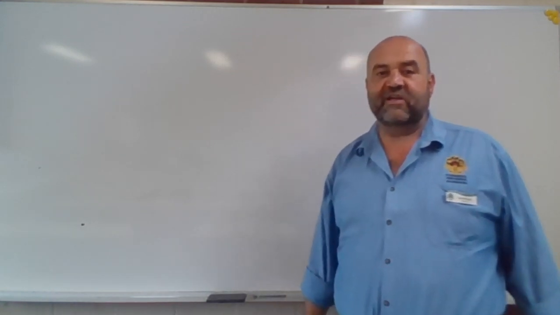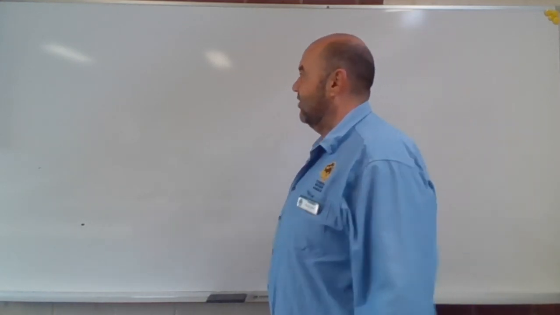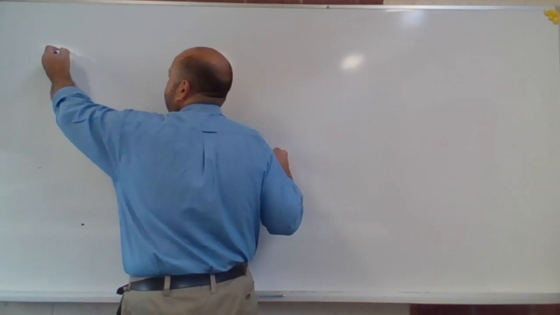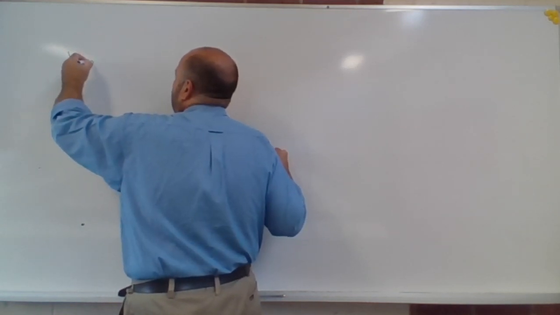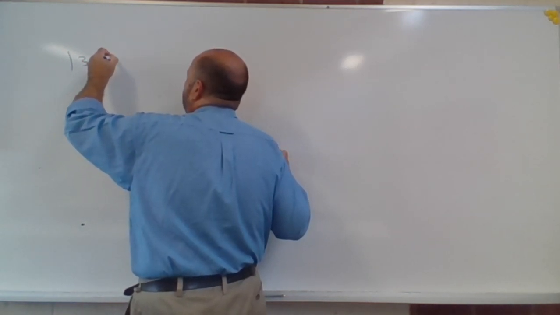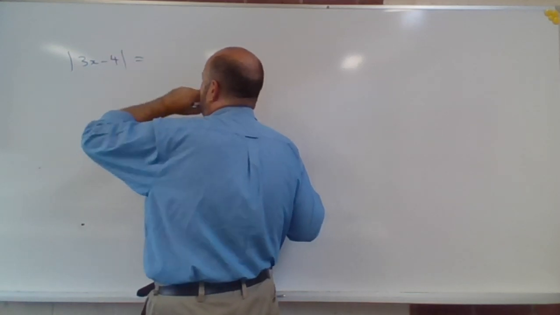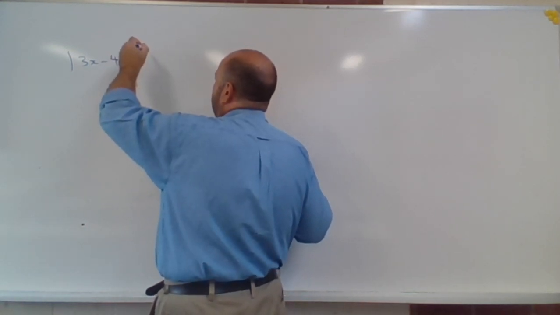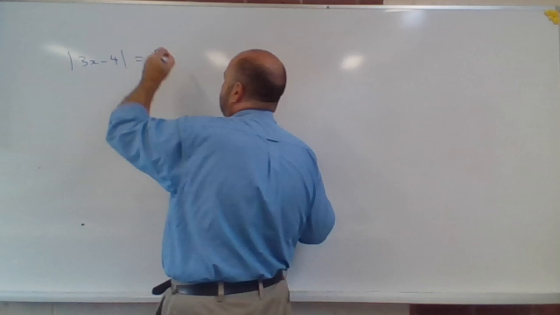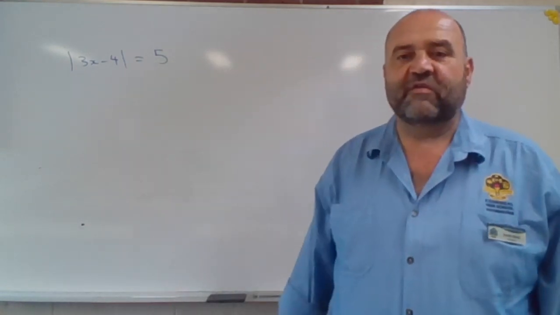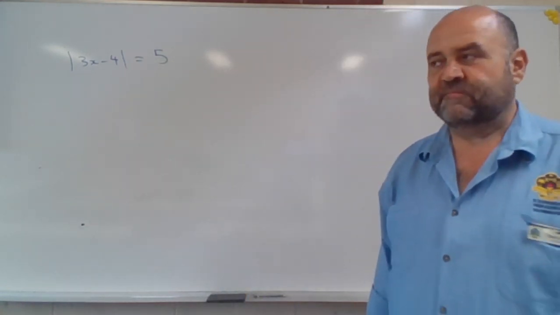So just recall that when we looked at absolute value equations, we solved things like the absolute value of 3x minus 4 equals 5.